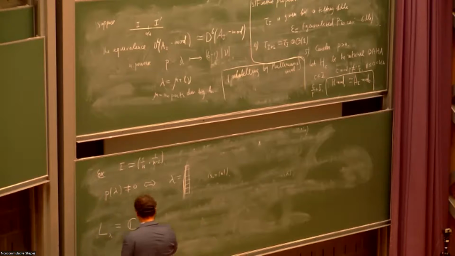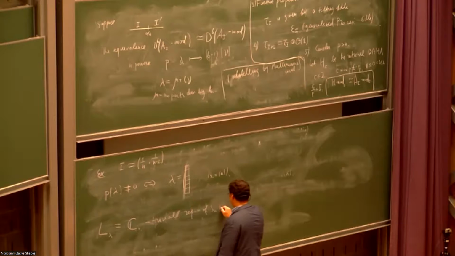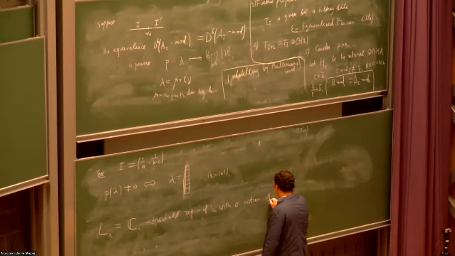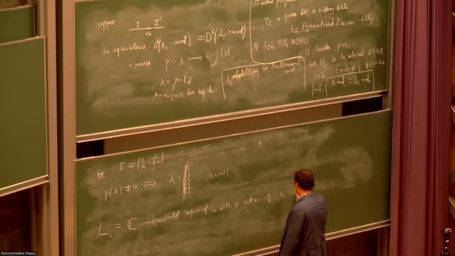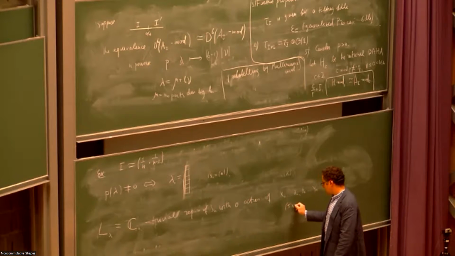So the trivial representation of Sn with 0 action of x1, ..., xn, y1, ..., yn, where I introduce these coordinates so that the sum of xi is equal to 0.